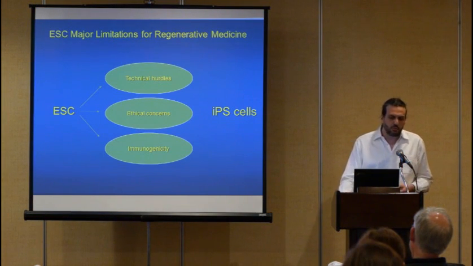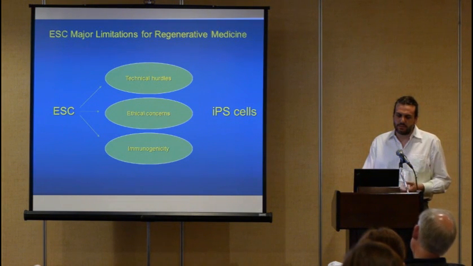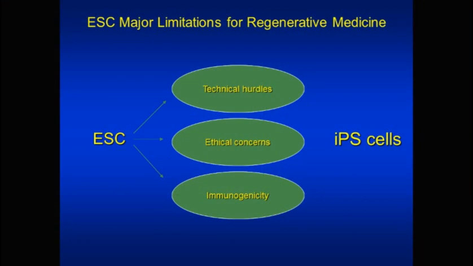But there are some major limitations for this system that don't allow us to use it extensively, especially human embryonic stem cells. One is a technical hurdle. It's difficult to derive embryonic stem cells, mostly human embryonic stem cells. The other is the ethical concerns.